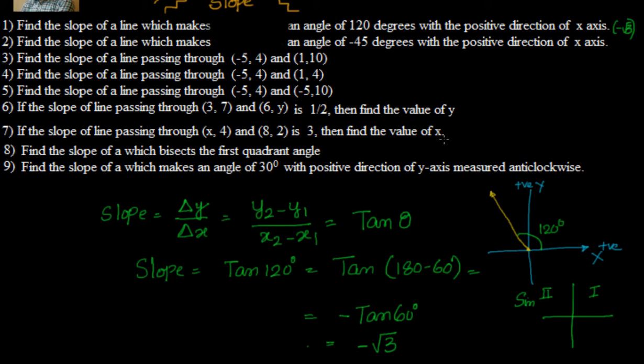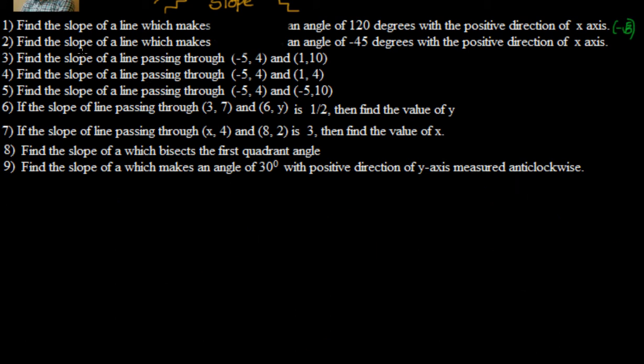Let's look at the second problem. Find the slope of a line which makes an angle of minus 45 degrees with the positive direction of x-axis. So what's the meaning of that? If you have your coordinate axes, this is x positive and this is y positive. You are making an angle of minus 45 degrees with the positive direction of x-axis.